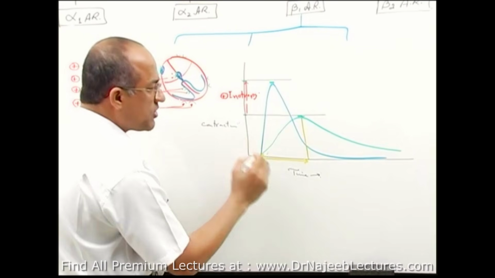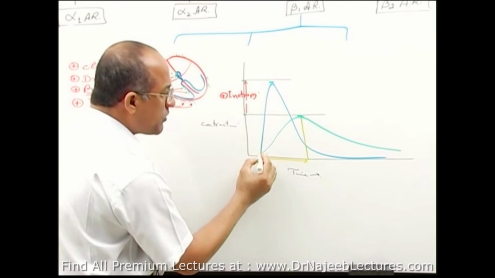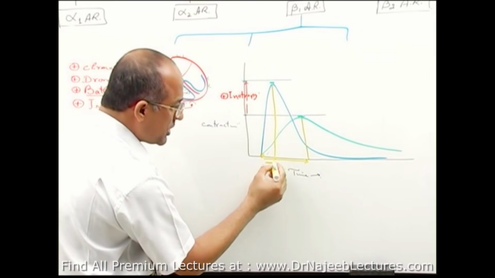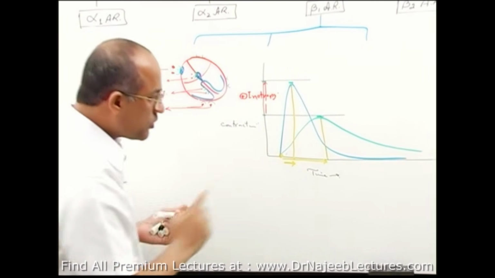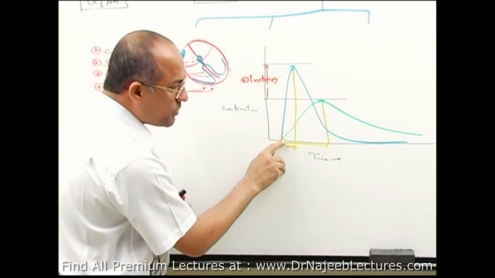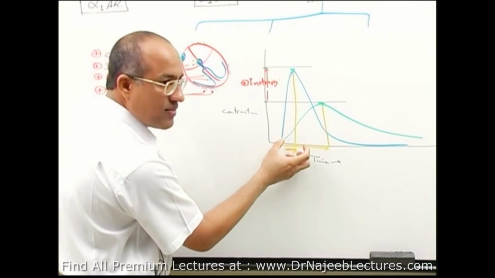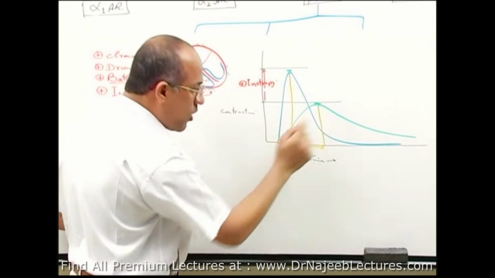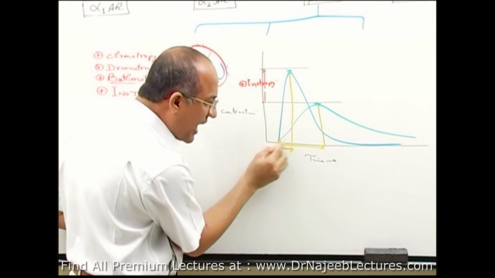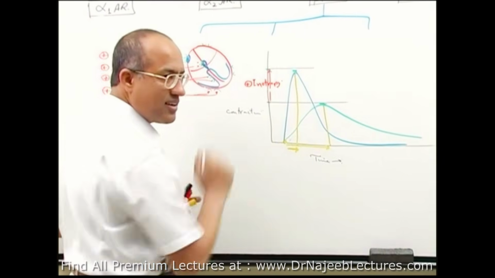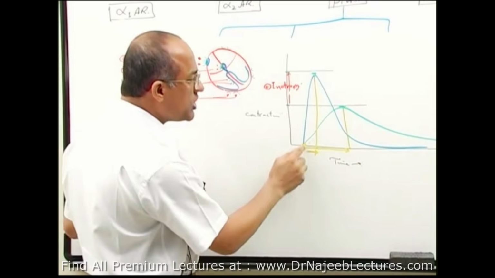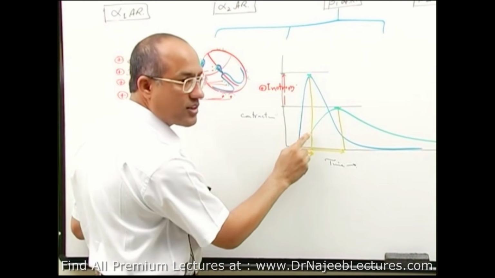But after beta-1 stimulation, contraction went very rapidly to the peak. So without beta-1, the heart was contracting slowly and with lesser strength. With beta-1 stimulation, the heart contracts with high velocity and higher strength, taking shorter time.